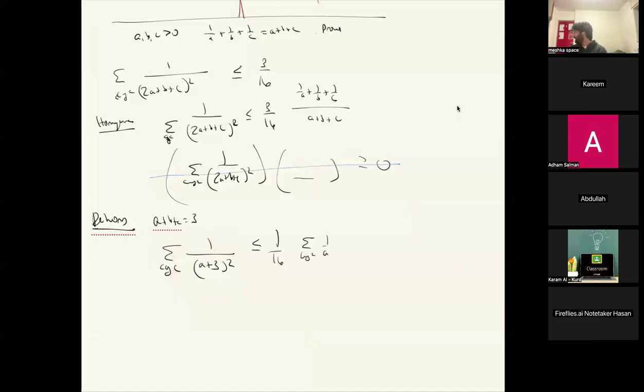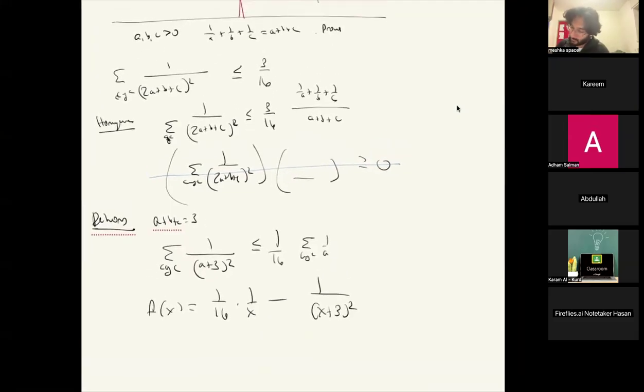So now what? Now the point is, this is really Jensen in disguise. How is it Jensen in disguise? The function is f of x equals 1 over 16 times 1 over x minus 1 over (x plus 3) squared.